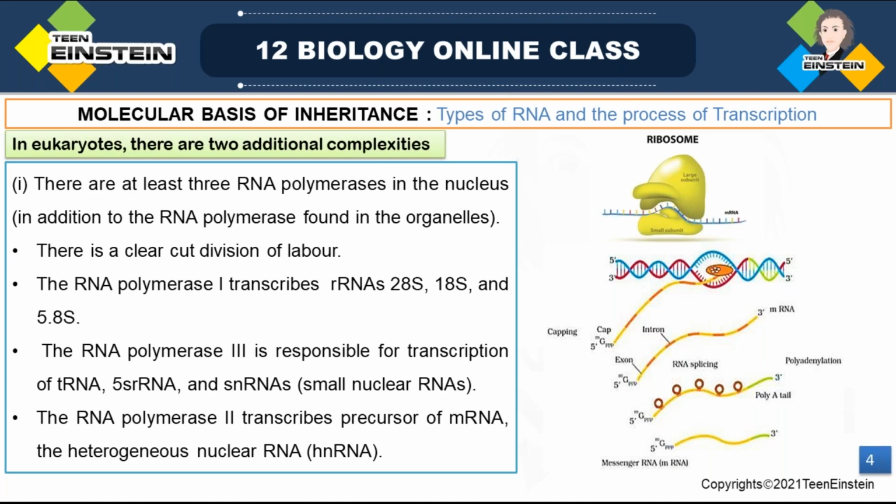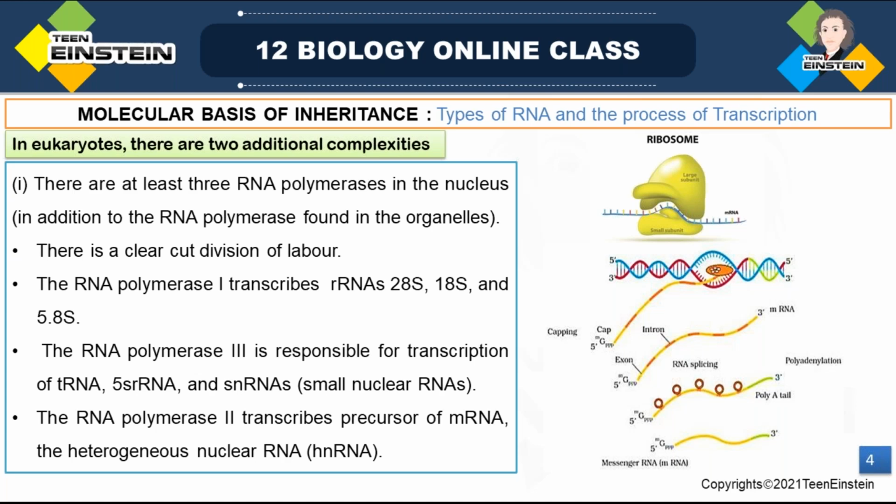RNA polymerase 1 transcribes ribosomal RNAs, the 28S, 18S and 5.8S ribosomal RNAs.